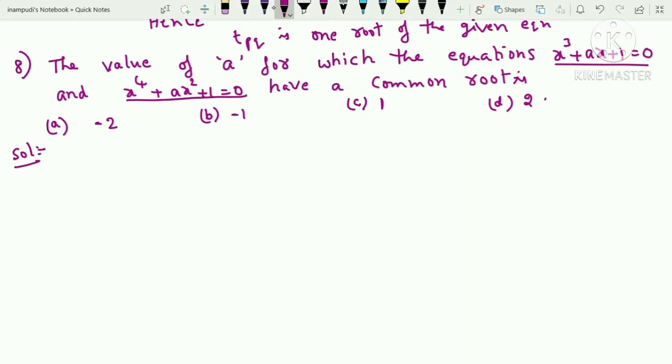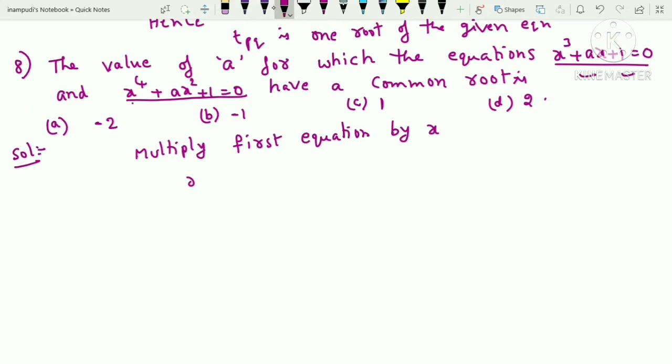So, given equations x cube plus ax plus 1 equal to 0 and x power 4 plus ax square plus 1 equal to 0, we multiply the first equation by x.